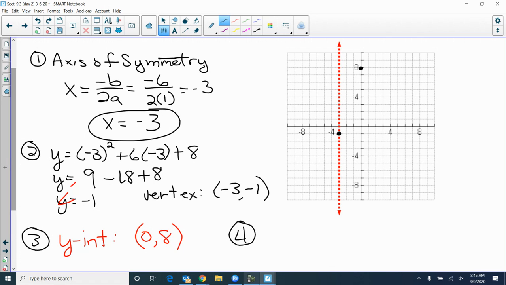All right, step 4 always tends to be the hardest one. Choose two x values on the same side of the axis of symmetry as the point containing the y-intercept. Is the y-intercept on the right or on the left of the axis of symmetry? Right. You need to pick two. We're going to do just a small xy chart of 2 points only.